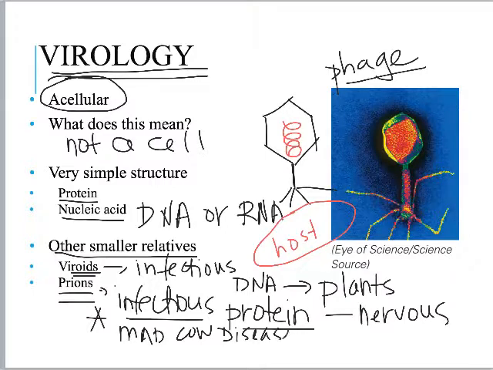So mad cow, we'll talk about prions more in the virus chapter, but you get mad cow from eating meat that's infected with mad cow, and then the prion, this protein, can influence your nervous system, and it just causes all sorts of problems. So there's a whole chapter on viruses that we'll talk about.